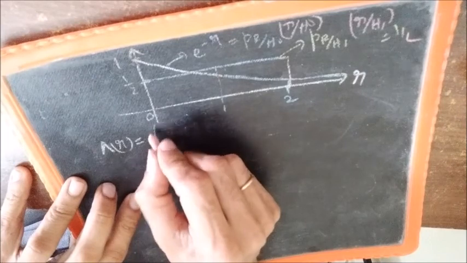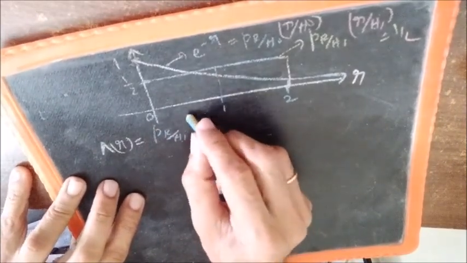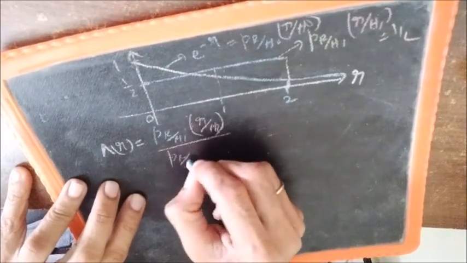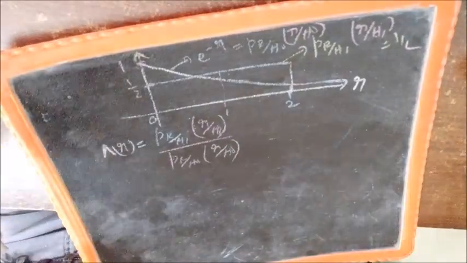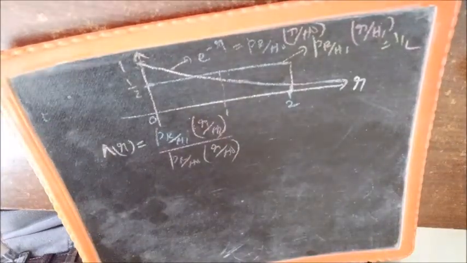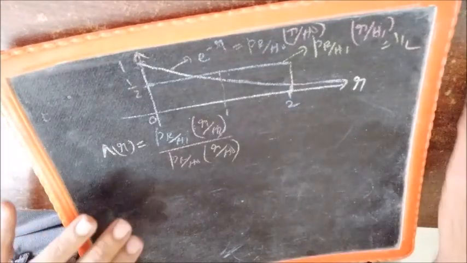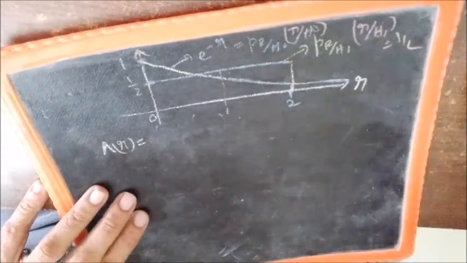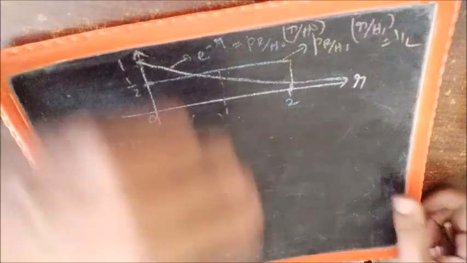The likelihood ratio, as you recall, is p(r|H1) by p(r|H0). In our case, we can perform that division by looking at this.